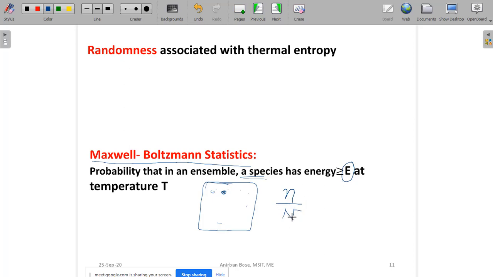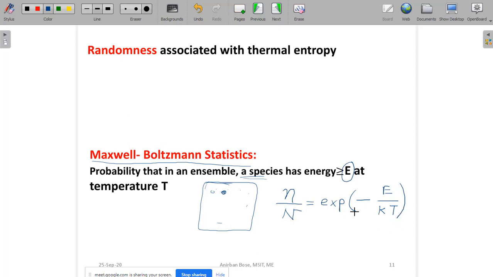This probability, according to the Boltzmann statistics, is exponential of minus this value E divided by kT, where k is the Boltzmann constant and T is temperature.